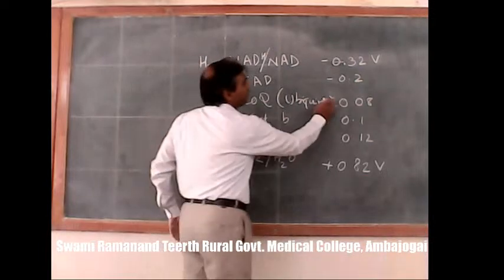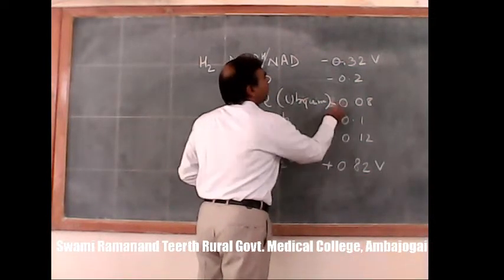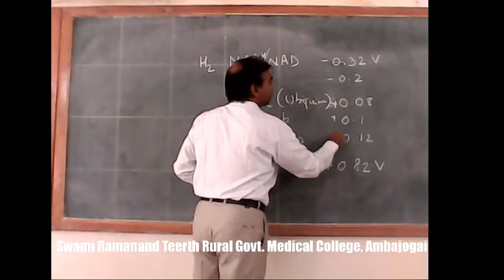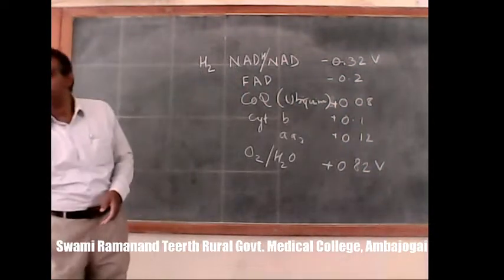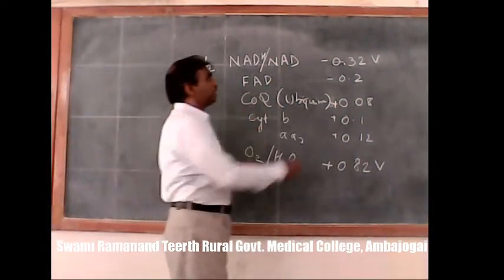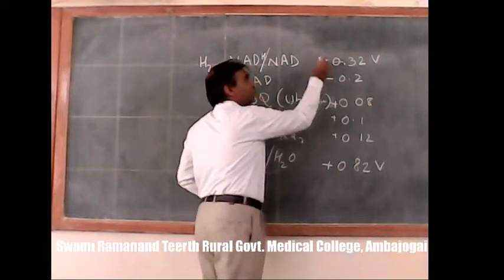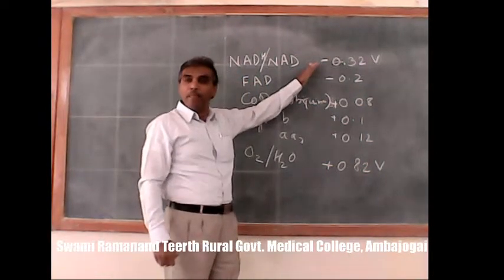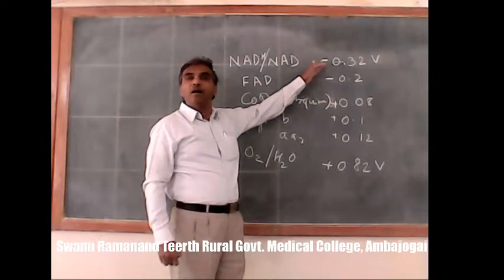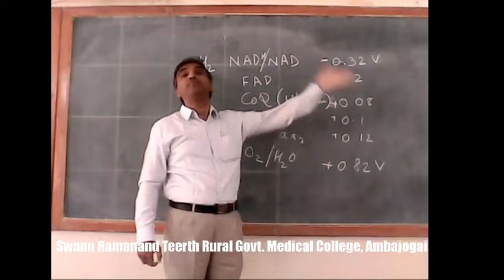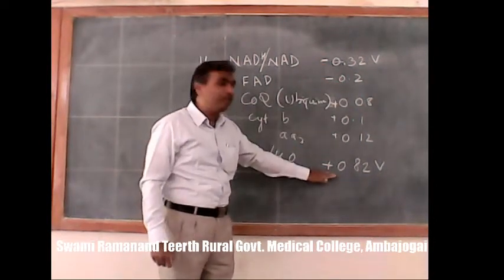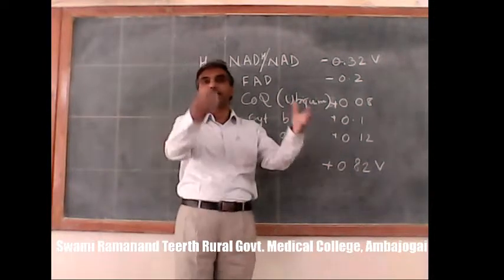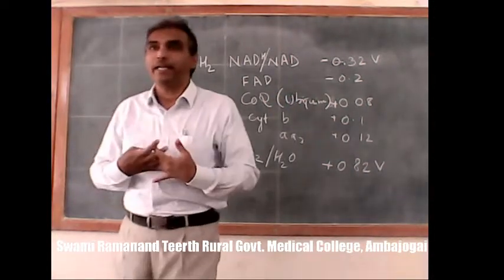From here it becomes positive. The minus sign indicates that they have the highest potential to give up electrons. The plus sign shows that they are highest to accept the electron.